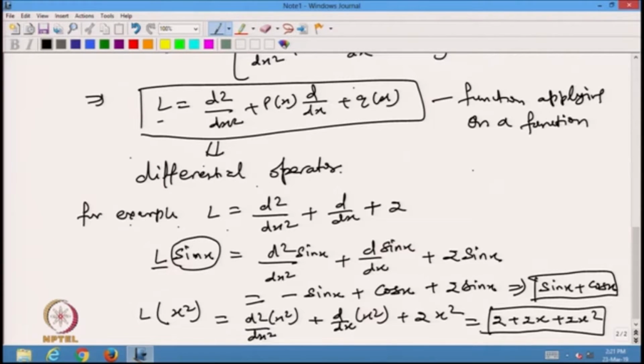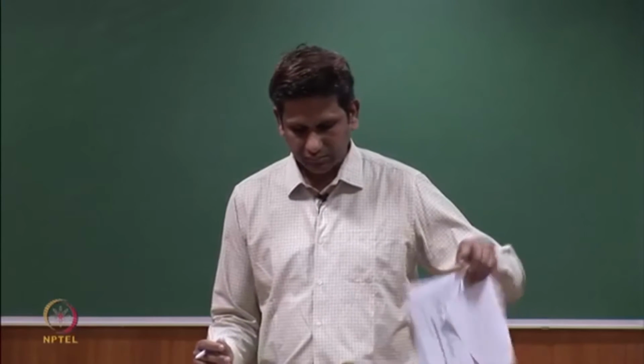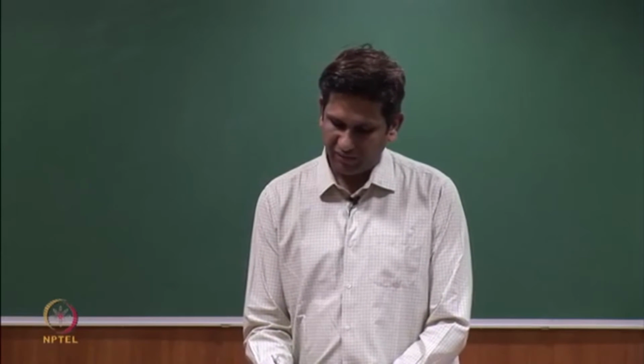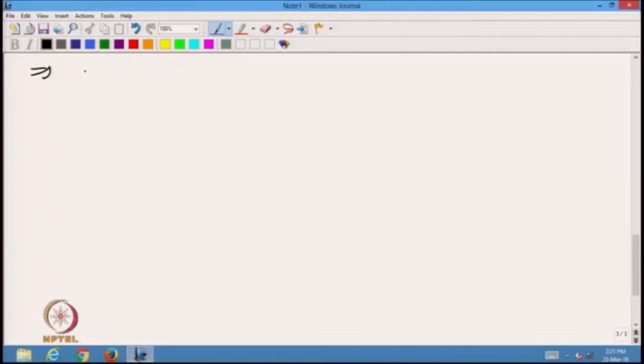So in this case, that L whatever we are defining here is called the differential operator. We define a little bit, move further, and we will define that the operator I have defined, that is L, is a linear differential operator.